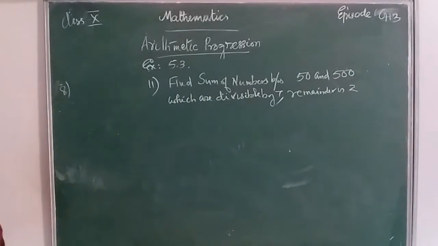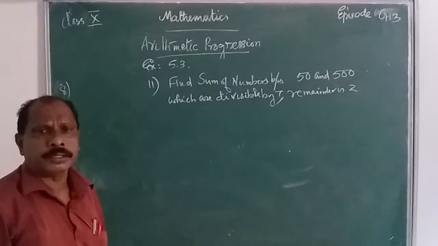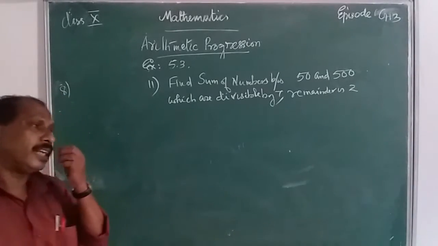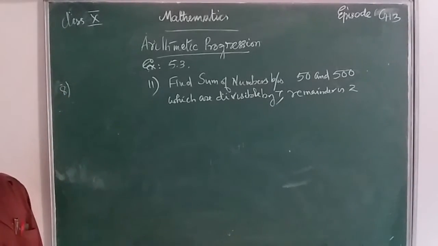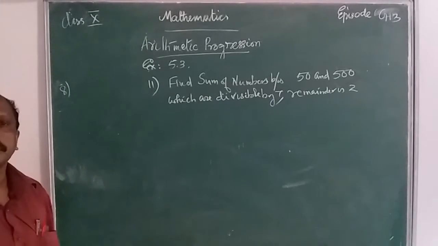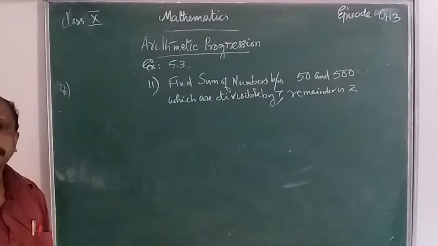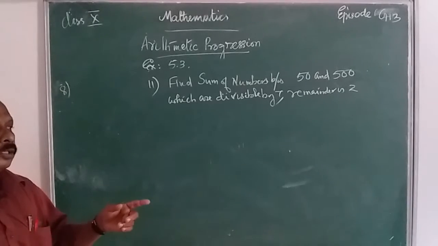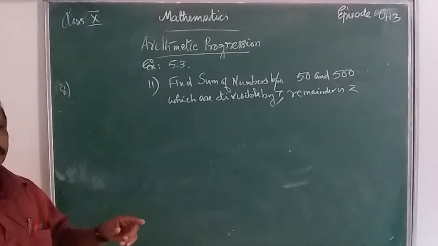That means any number is divisible by 7 and the remainder is 2. For example, 9 divided by 7, we get 1 as the quotient and 2 as the remainder. Therefore 9 is the first number. Then 14 is divisible by 7, 14 plus 2, that is 16.